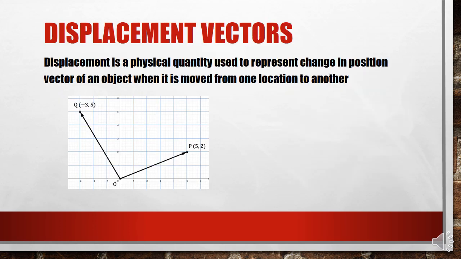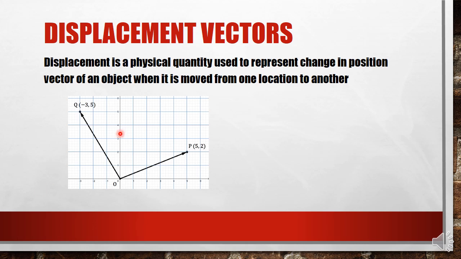Okay, displacement vectors, or vektor perpindahan in Indonesian. Displacement is a physical quantity used to represent the change in position vector of an object when it is moved from one location to another. Let's say that I have these two position vectors OP and OQ.